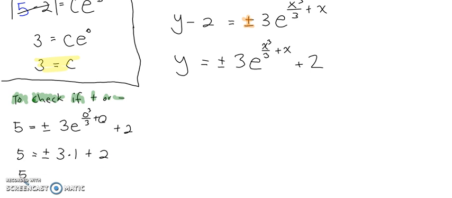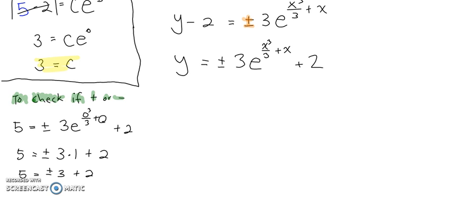What does that 3 have to be in order for this to be true? Well, if we choose the minus, it's going to be negative 3 plus 2, which is negative 1. This will not be true.